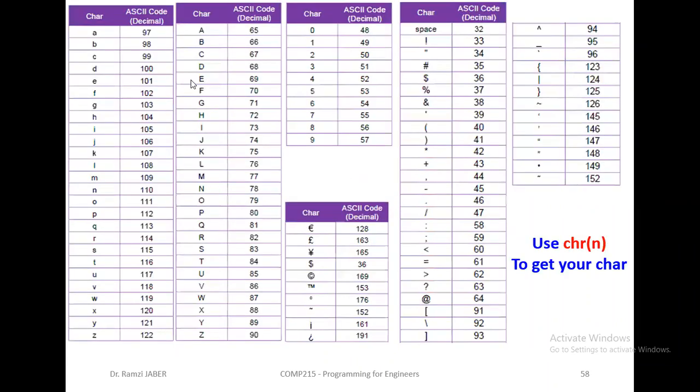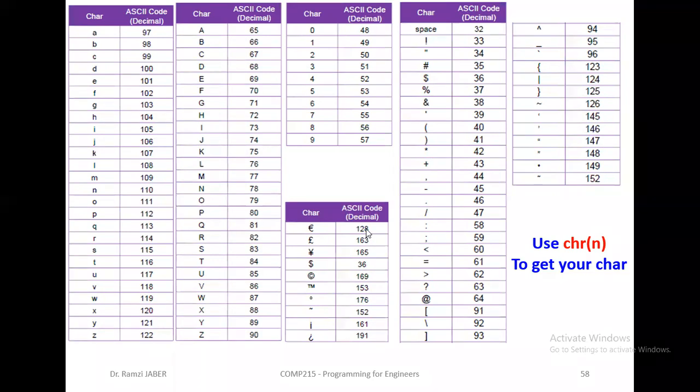Now, this is the ASCII code in Python or in your Windows. So use chr(n) to get your character. If I want the at sign, just put chr(64). If I want the dollar symbol, put 36.